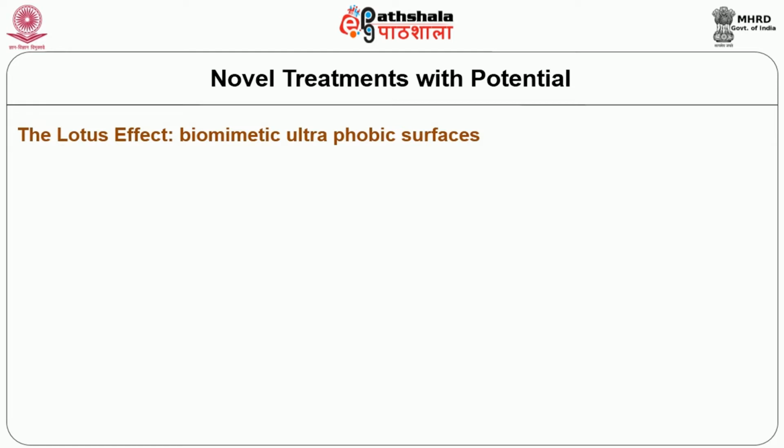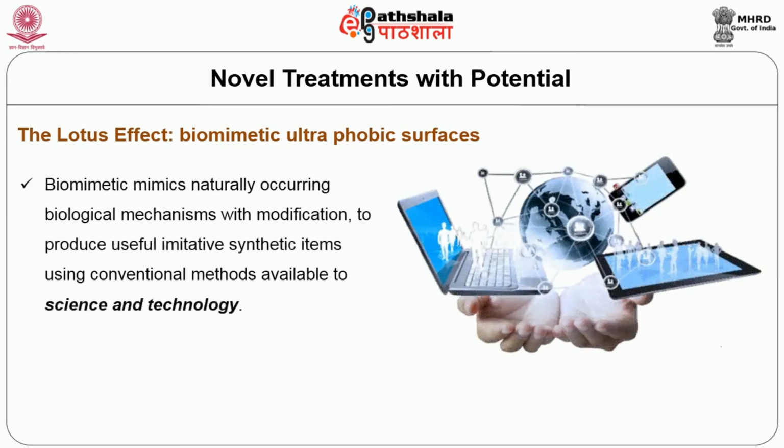The first one is the lotus effect, biomimetic ultraphobic surfaces. Biomimetics mimics naturally occurring biological mechanisms with modification to produce useful imitative synthetic items using conventional methods available to science and technology.